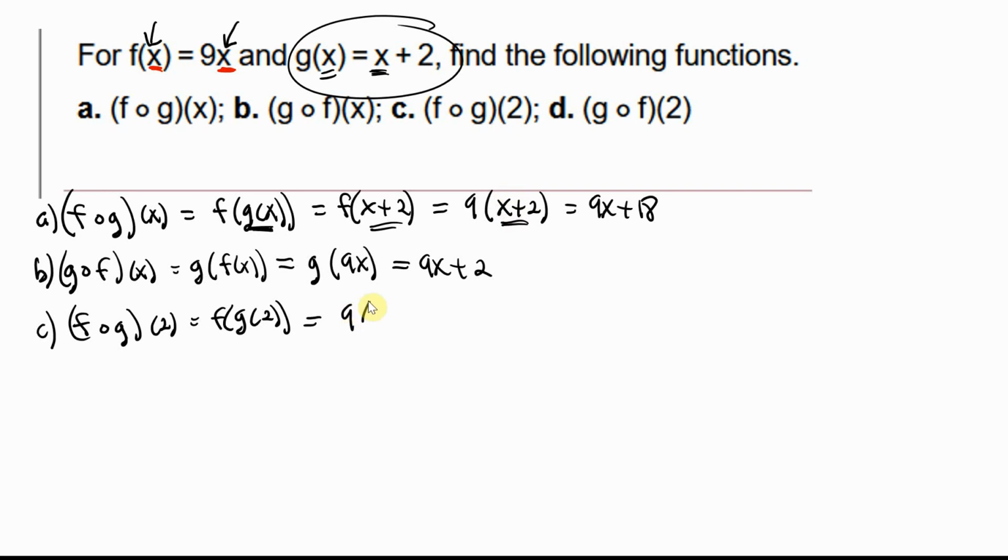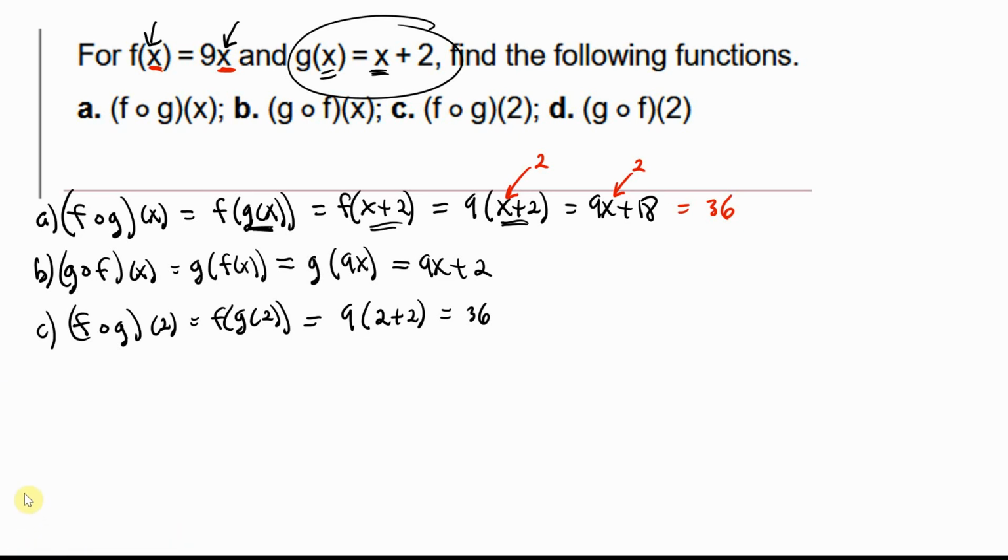This is 9 times 2 plus 2. Right? 36, or just 9 times 4. You can plug the 2 in here, it doesn't matter. You can plug the 2 there, or you can plug it there. You still get 36.